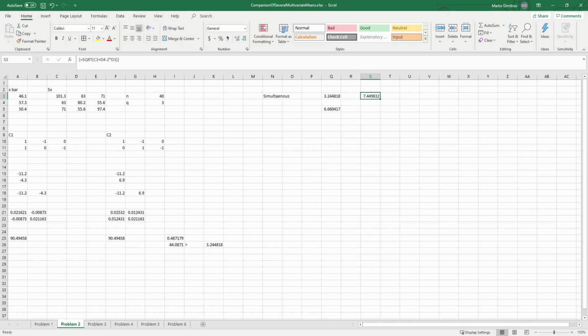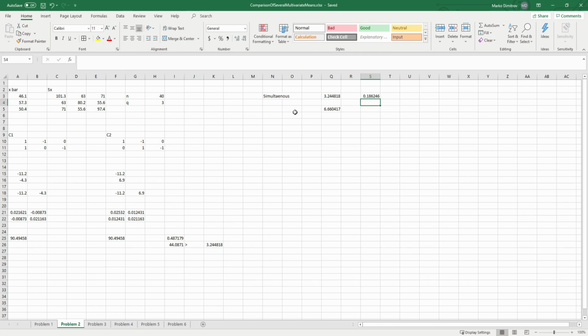This is one of our covariance structures: S11, S12, S22, and then we need to divide it by n. So this is our number.